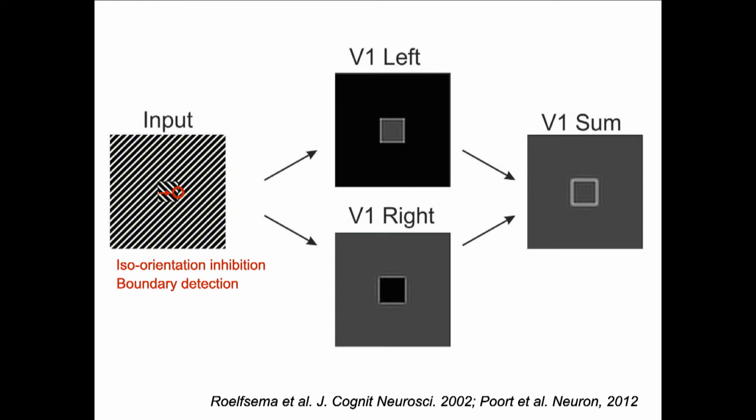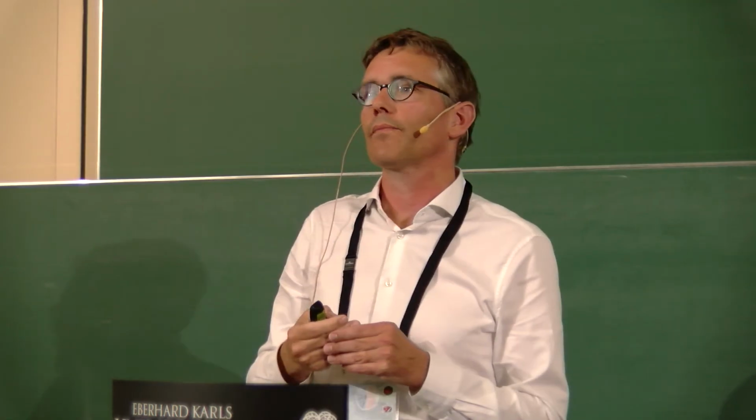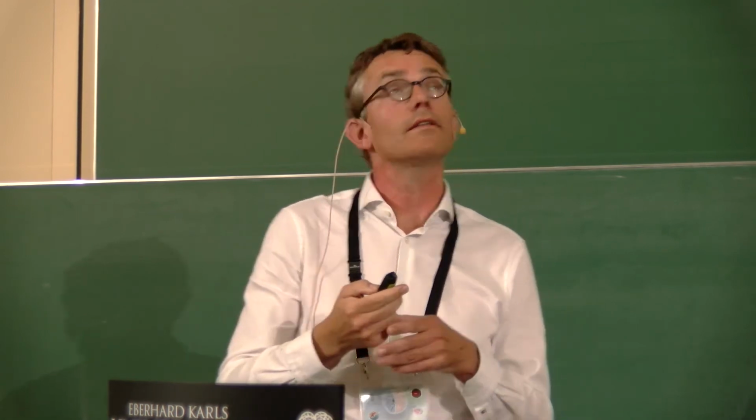Okay? And that then gives rise to the pattern of activity that you get a little bit extra activity at the boundaries because there's just a little bit less inhibition. Same happens for neurons tuned to the background, so they're more active in the surround and they have a little bit of extra activity at the boundaries. If you sum these two maps, then you basically get a frame, extra activity of the boundaries. Okay, that's how you can implement boundary detection.